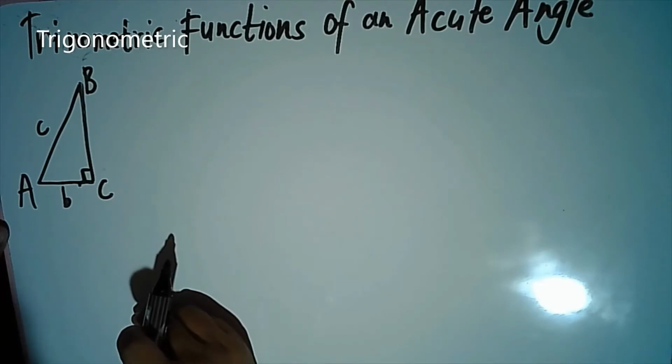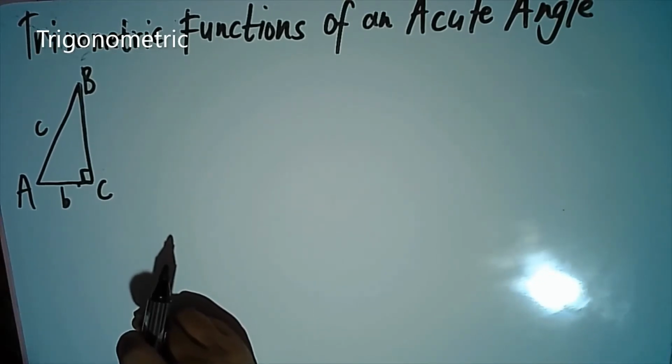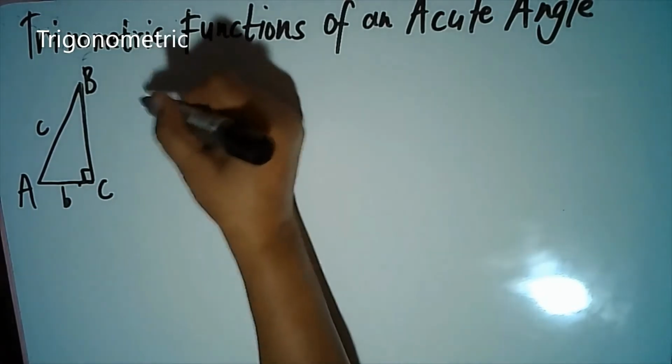If two sides of the right triangle are given, we would be able to find the other missing side by using the Pythagorean theorem.